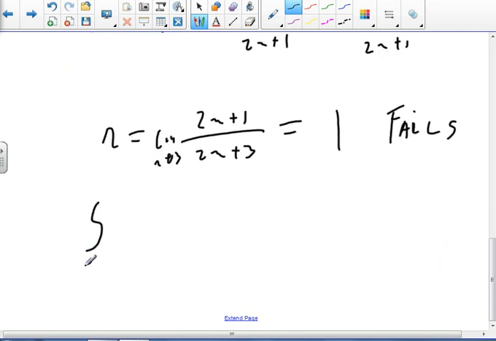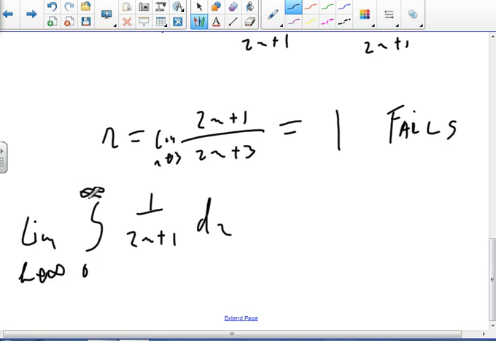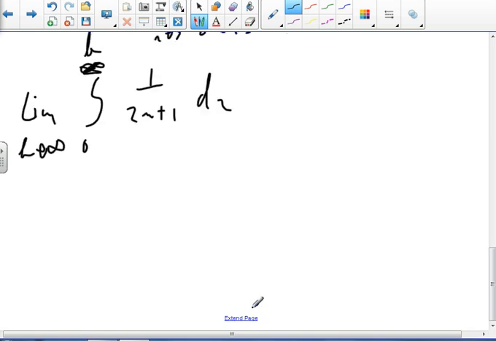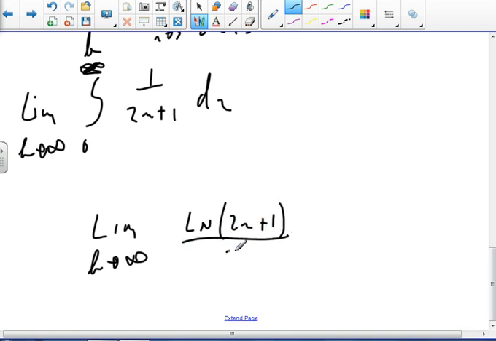I have to look at the integral from 0 to infinity of 1 over 2n plus 1 dn, limit as b goes to infinity, and I'm going to make this be a b up here. Okay, so this looks like the limit as b goes to infinity of natural log of 2n plus 1 divided by 2, evaluated at 0 and b.